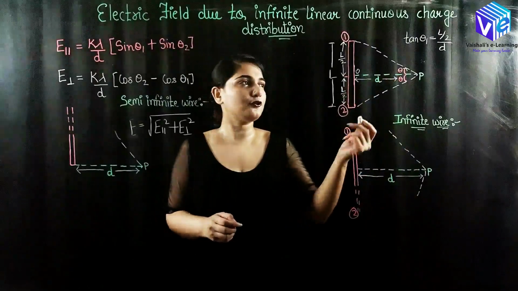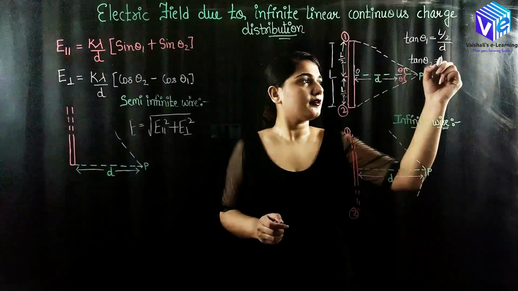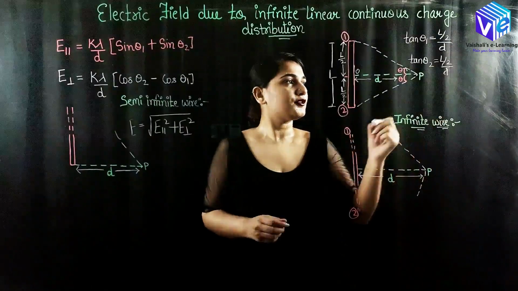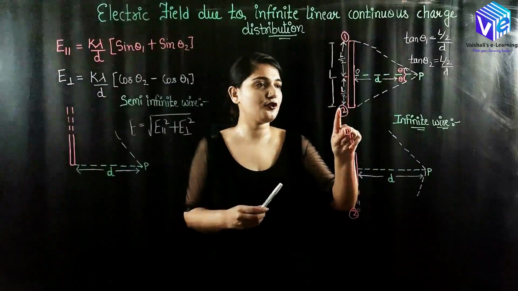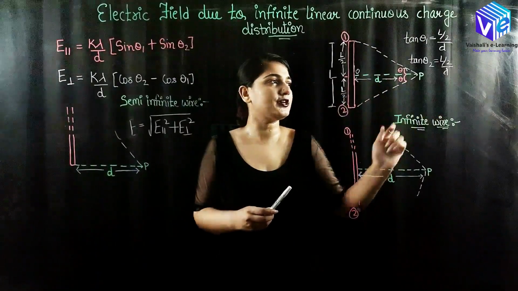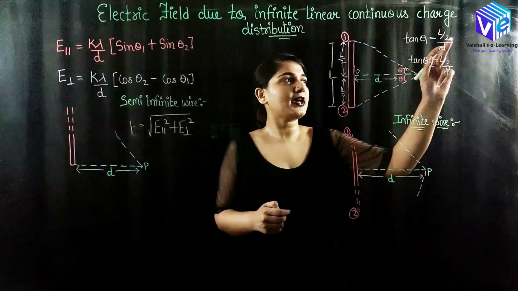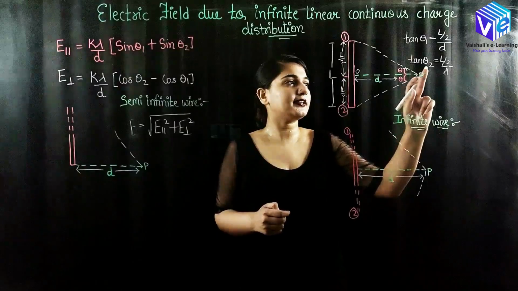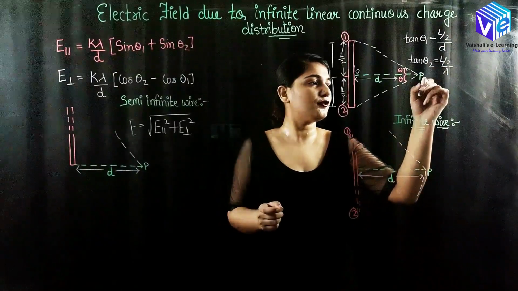Similarly, if I find tan of theta 2, these are the same here also. This is the perpendicular, this is the base, so L by 2 upon D. So theta 1 will be equal to tan inverse L upon 2D, and theta 2 is equal to tan inverse L upon 2D.